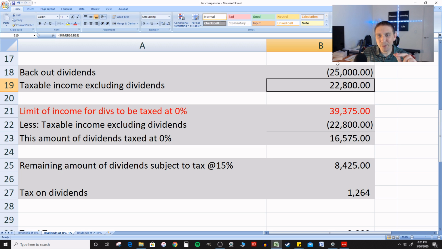The amount of taxable income we have when we back out our dividends is $22,800. We subtract $22,800 from $39,375, and that means $16,575 of your $25,000 in dividends in this example still gets taxed at 0%.